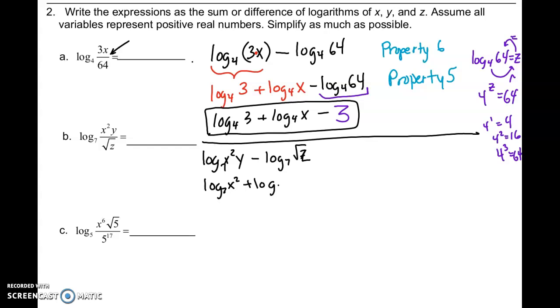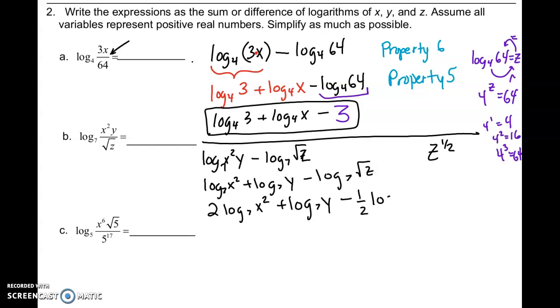So I'll split it apart like this. And now I will use property 7 and say this is 2 log base 7 of x, log base 7 of y, and then here this is z to the 1/2. So I can pull that 1/2 down and say log base 7 of z, and this would be my answer here.